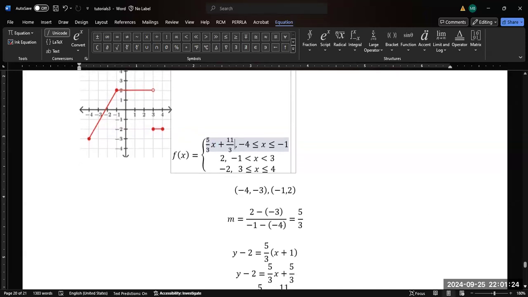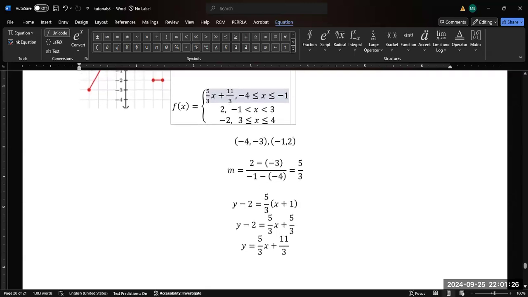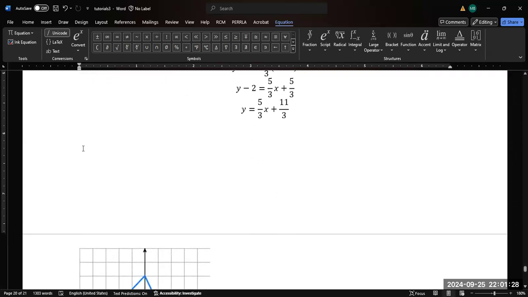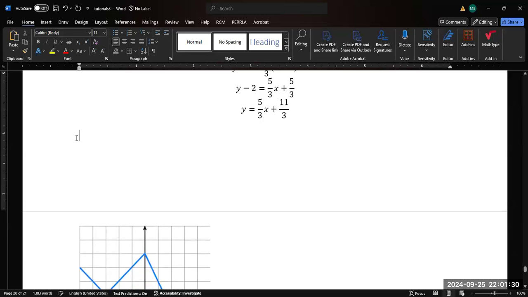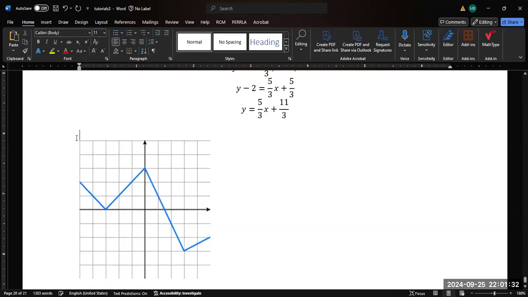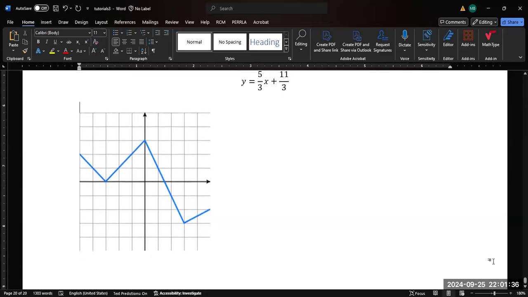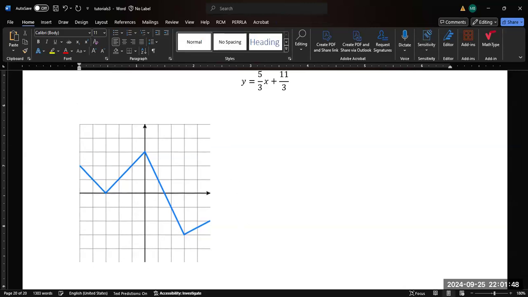So we're going to look at another graph, which is also a piecewise graph, and which is a little bit more complicated because there are more line segments. We're going to treat each one of these grids as a single unit, and then we're going to find the equation of our graph from that point.